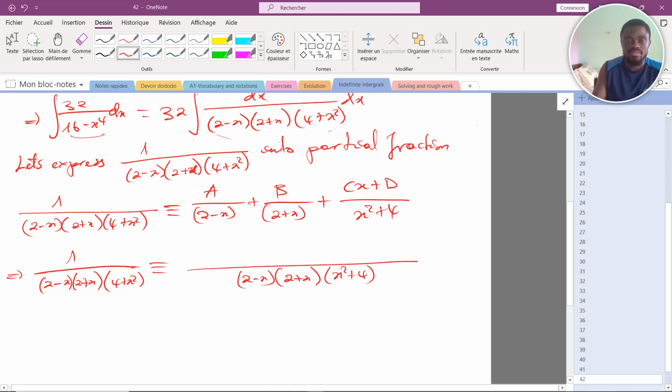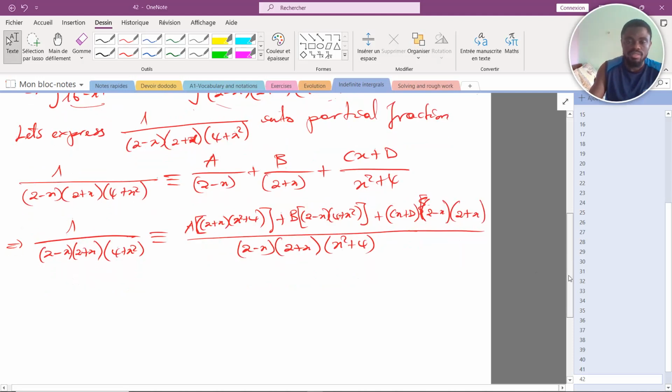This divided by this, I will have A times 2 plus x times x squared plus 4, plus B times, this divided by this, 2 minus x times 4 plus x squared, plus Cx plus D times 2 minus x times 2 plus x.